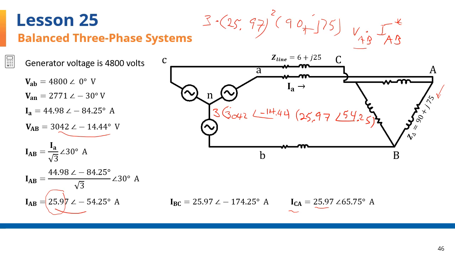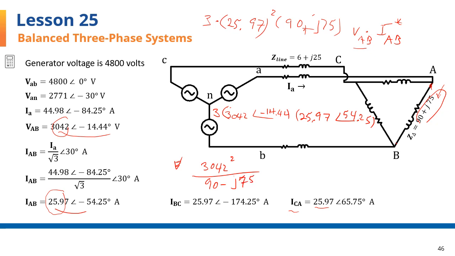One other way of doing it would be to take the magnitude of the voltage across AB, which is this value here, and square it. Let me just put in the values: 3042 squared over the conjugate of this phase impedance, so that would be 90 minus j75.